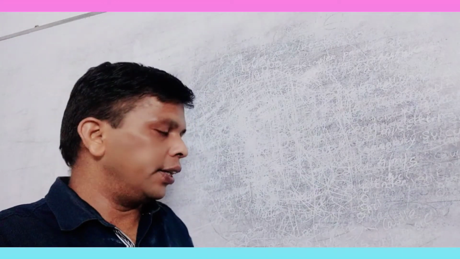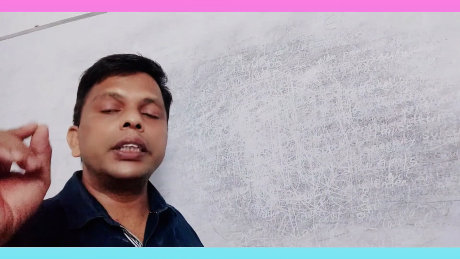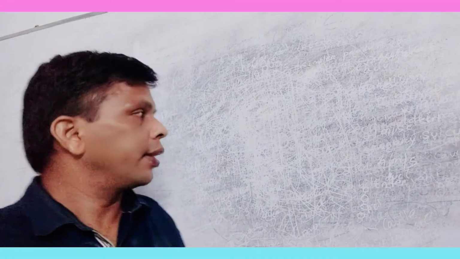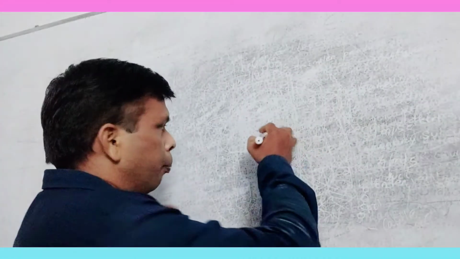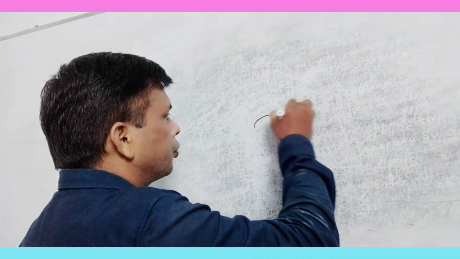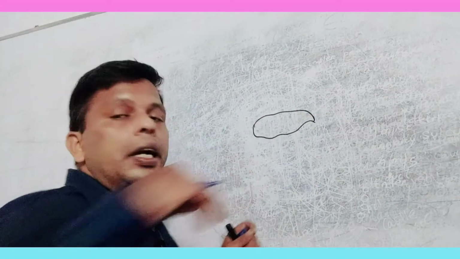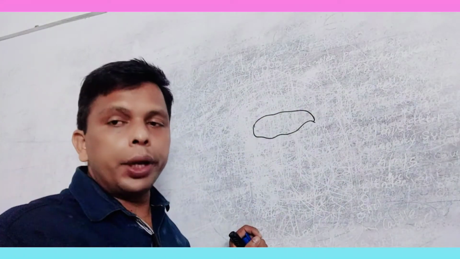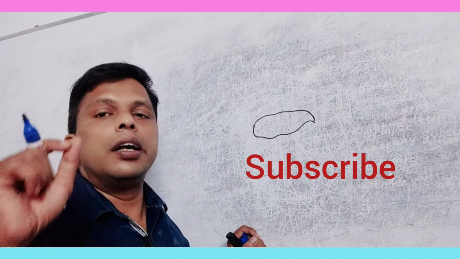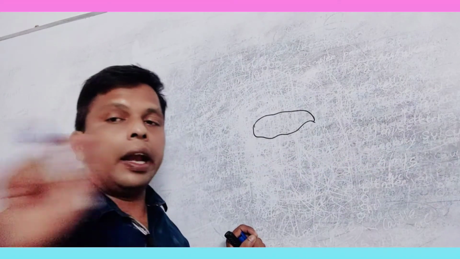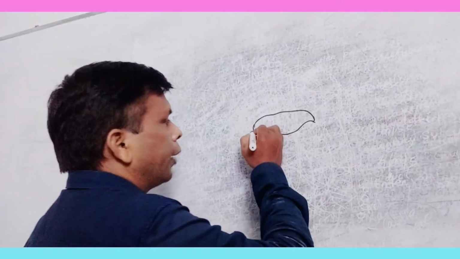The alimentary canal in the embryonic condition originated from a single tube. Suppose this one is the embryo. During the folding of the embryo, what happens? A straight tube extends throughout the length of the body.